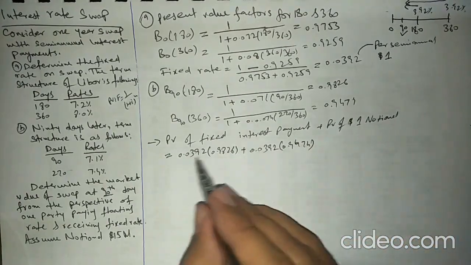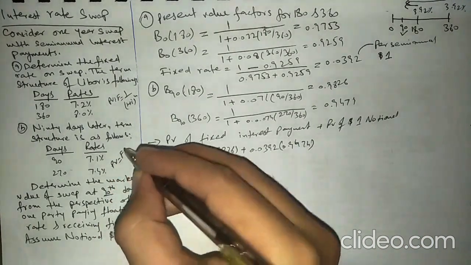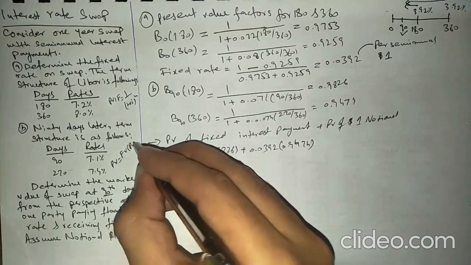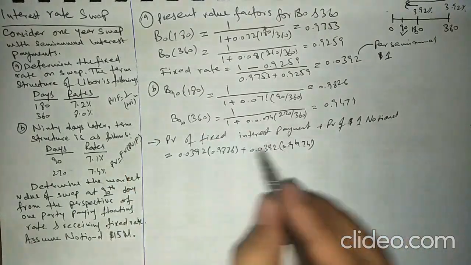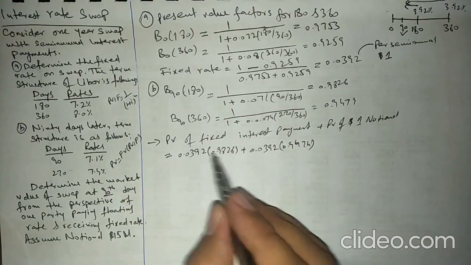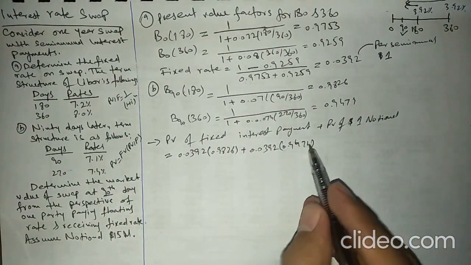So here we are calculating a present value by using the same formula which we normally use in finance courses. The formula is present value is equal to future value into present value interest factor. So here future value is 3.92% and present value interest factor is this.